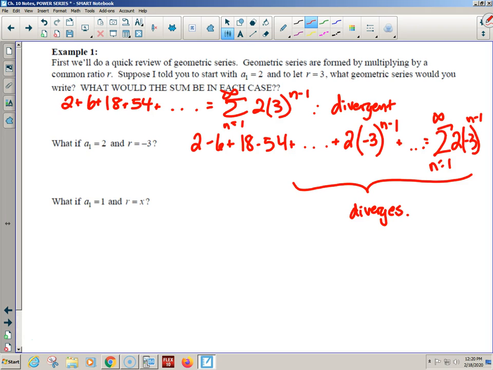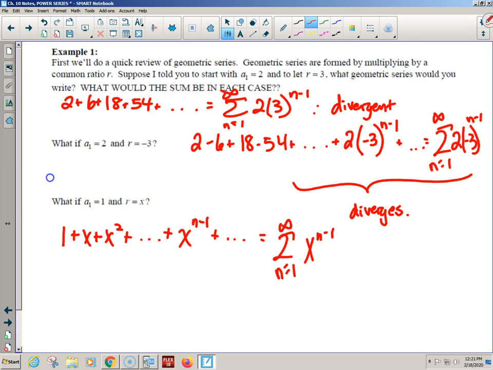But what about when we come down to this guy? What's my first term? What's my next term? What's my next term? What can I write as my sigma? n equals 1 to infinity of x to the n minus 1. But can I say that this diverges?